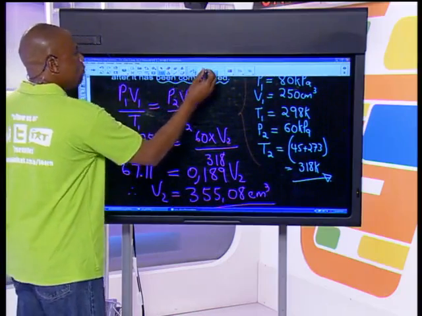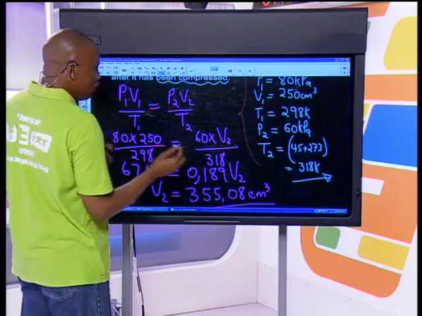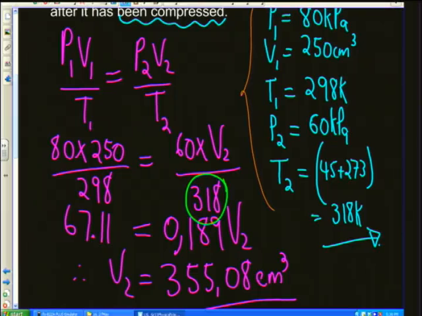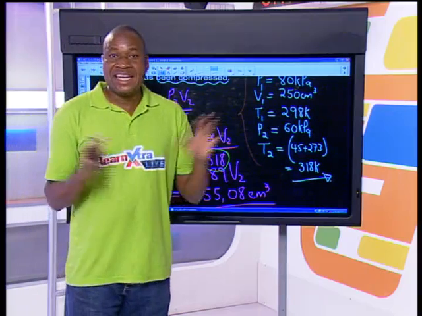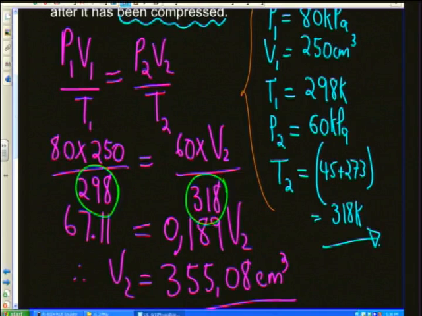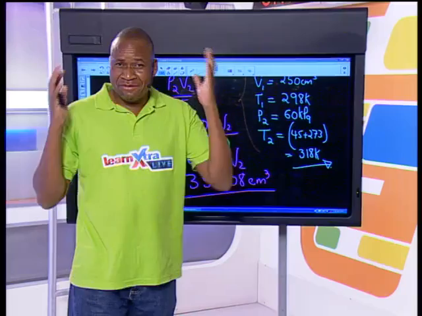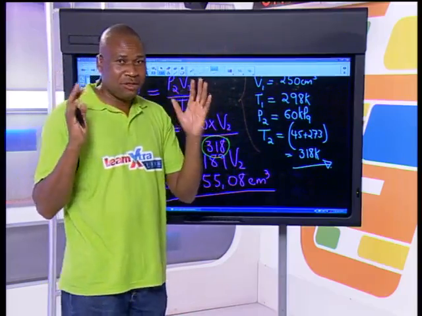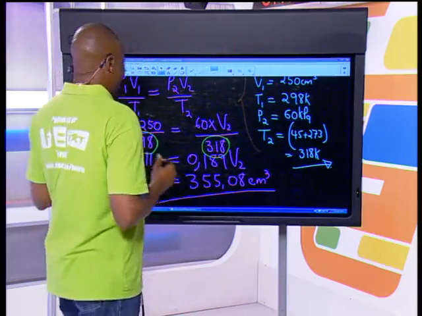Now, something for you to always note is to make sure that the Kelvin temperature scale is the one you use all the time, nothing else. In fact, the calculation itself was making me think, no, that's not the way it should be.